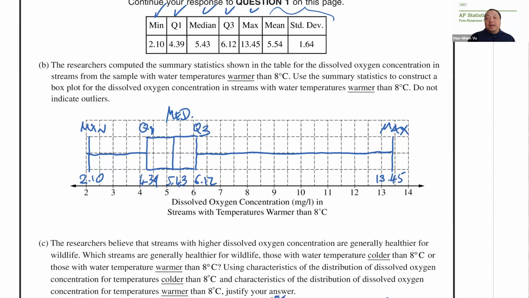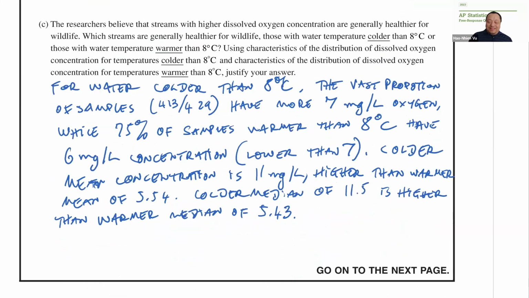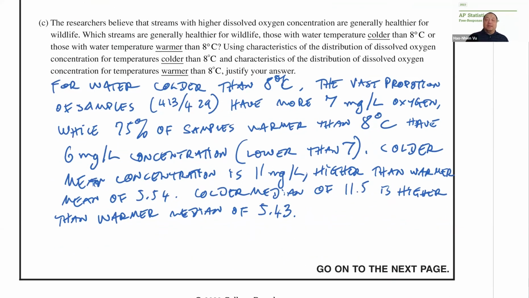And second of all, I cannot check the conditions are met. I don't know if it's more than 30. It's definitely not symmetric. It's very skewed. So I would prefer to have a large sample, and I don't know if I have a large sample. So part C is basically a descriptive question.